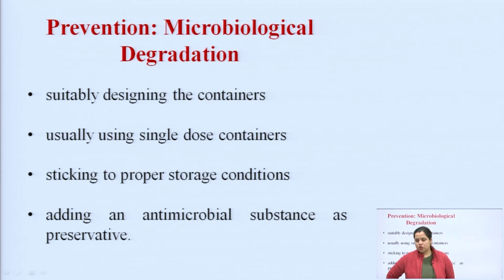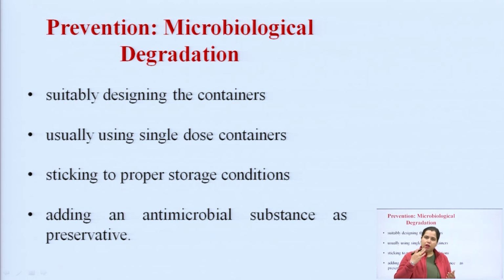Preventive measures for microbial degradation: suitably design the containers. When we prepare parenterals, water for injection and sterile water for injection can be used for making these preparations. But when we put the preparation into a container, a container not up to the mark may contaminate the whole preparation, and it will be transferred from the container to the patient's blood, where it will grow and cause chills and fevers and may harm the patient.